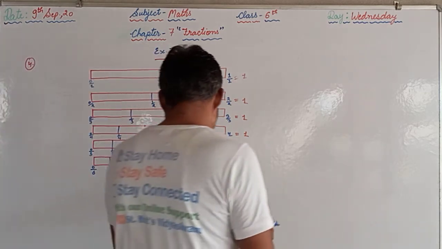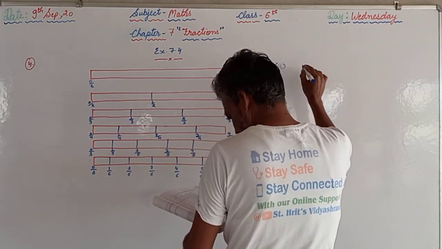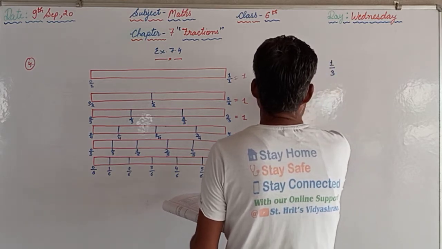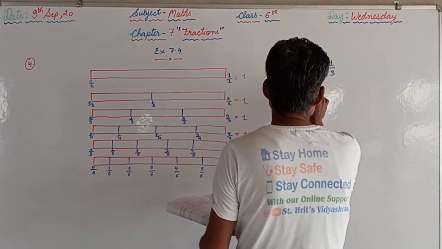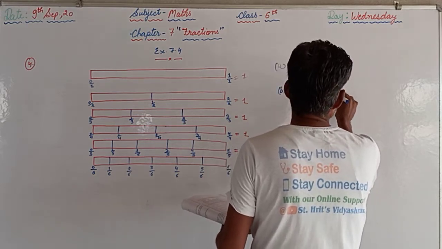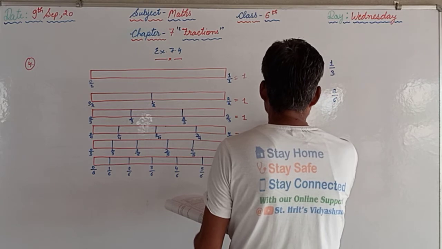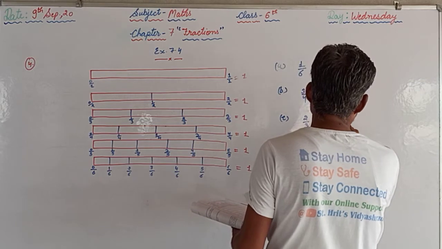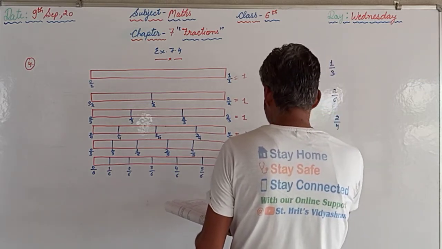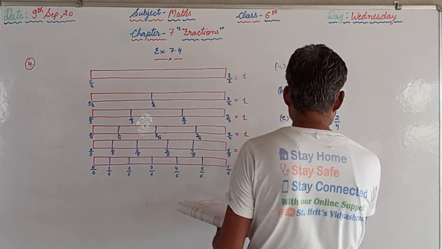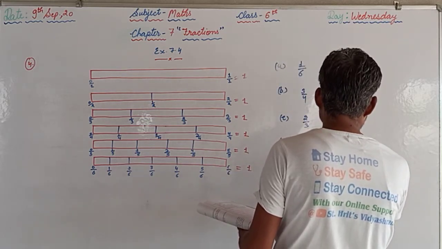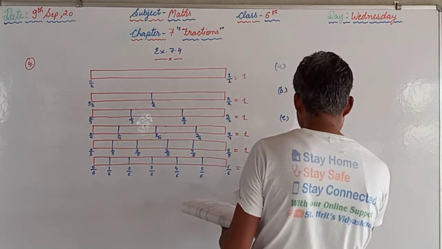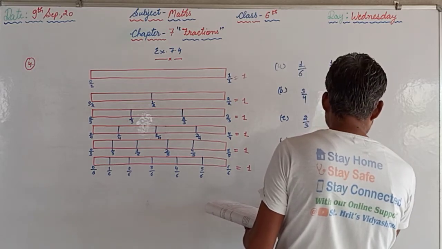First of all I will write: a part is 1 upon 6 and 1 upon 3; b 3 upon 4 and 2 upon 6; c 2 upon 3 and 2 upon 4; d 6 upon 6 and 3 upon 3; e 5 upon 6 and 5 upon 5.